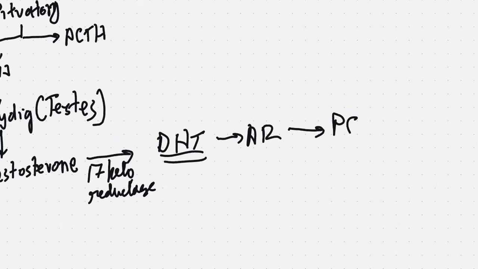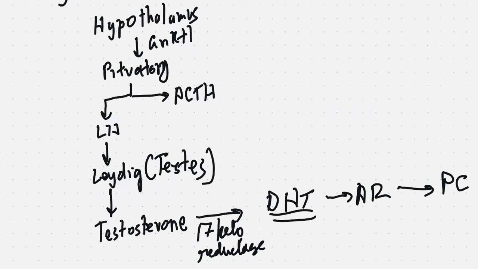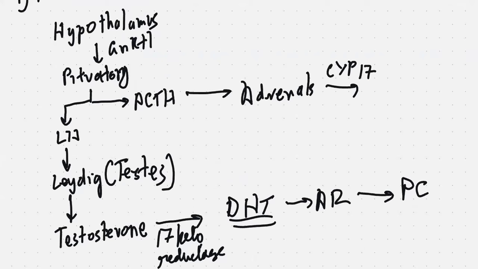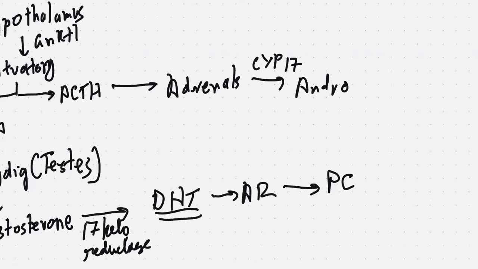Now, this is through the testes. There's another mechanism through the adrenals, right? So this ACTH that's secreted from the pituitary goes and acts on the adrenals, and within the adrenals, via the help of an enzyme called CYP17, it produces two types of androgens, that is androstenedione and DHEA.